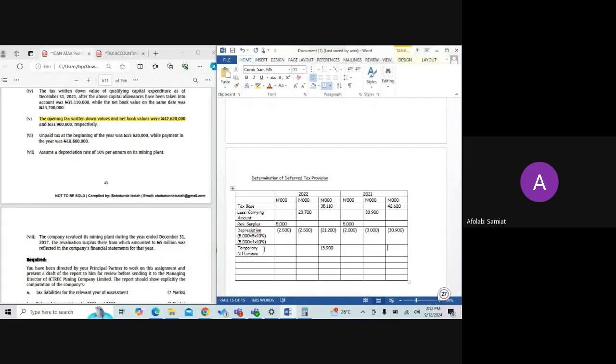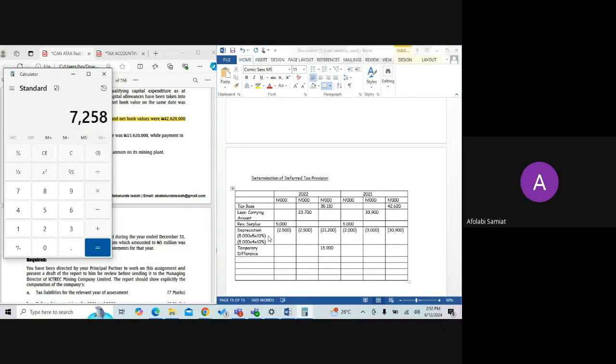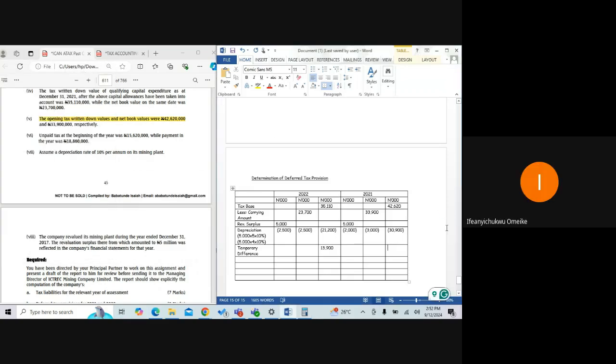That's 42,620 minus 3,900. What do you have? From the tax base 2021. 11,720.